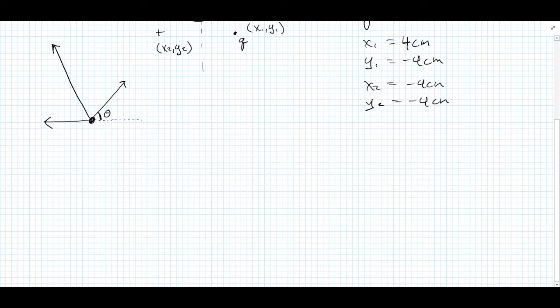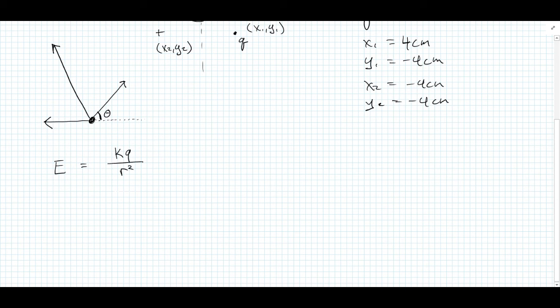Alright, let's see here. Let's do the simple one first. Let's look at the field due to the little charge q. So I know that the magnitude of that force is given by Coulomb's law. Oh, excuse me, hold on. I'm not doing force, I'm doing field. So let's see here. The magnitude of that field, it was almost like Coulomb's law, is going to be kq over r squared.